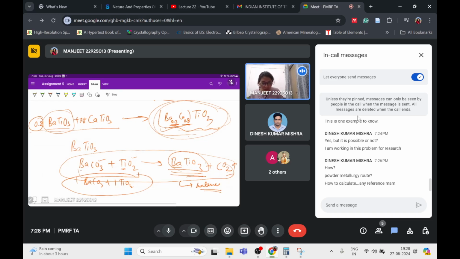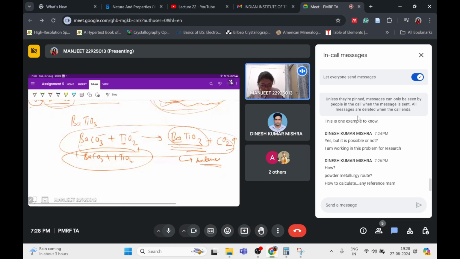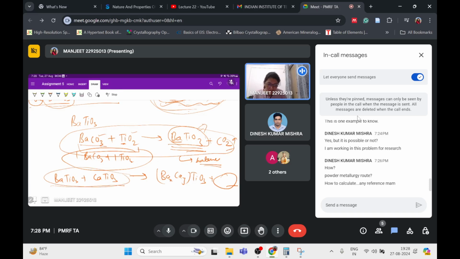Similarly, if you want to make something like barium titanate plus calcium titanate, you can make Ba X Ca Y TiO3. Either you can take the already made products, or you can take the initial raw materials, the barium carbonate, the titanium oxide or the calcium oxide. From there also you can make it.